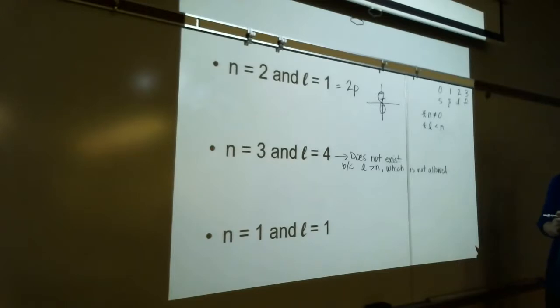If you were to name it, what would the name of that be? 3F, right? Oh, yeah, L equals 4. We don't have L equals 4 on our board, do we?